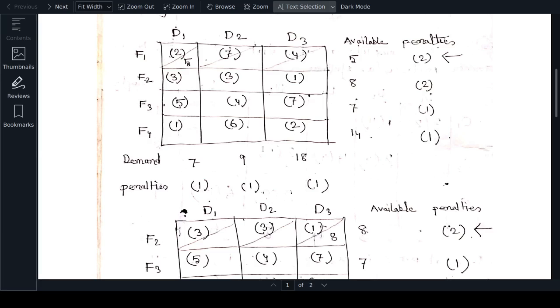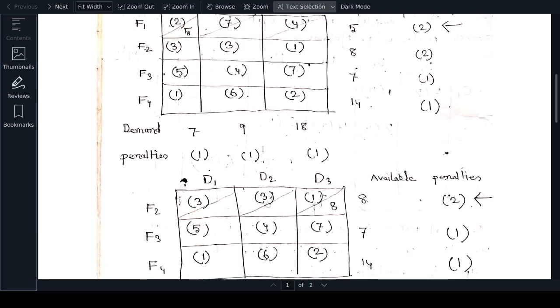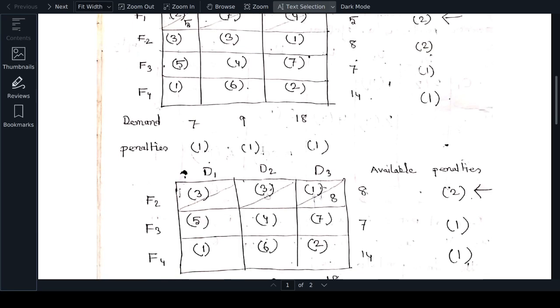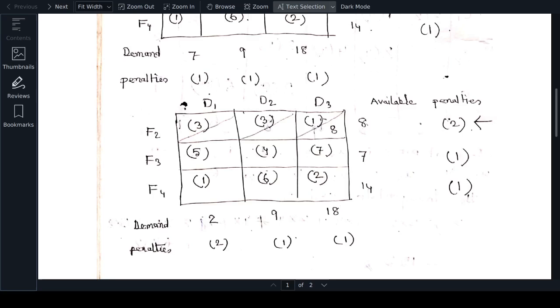So here we find out the penalties, row wise and column wise also. Next, you check what is the maximum penalty. In first row penalty is 2, second row 2, third row 1, fourth row 1. Similarly, first column is 1, second column is 1, third column is 1.